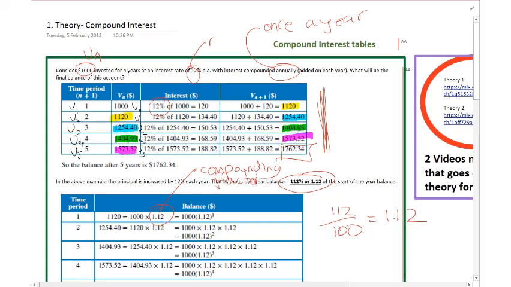It's basically a compounding factor, and that's your interest, and this is the way we start to write it.